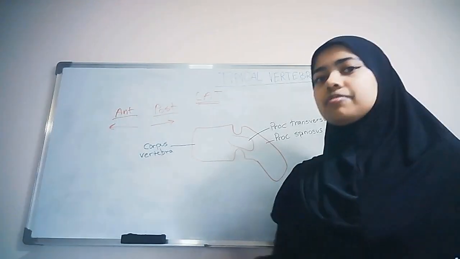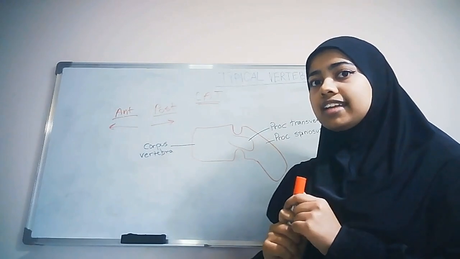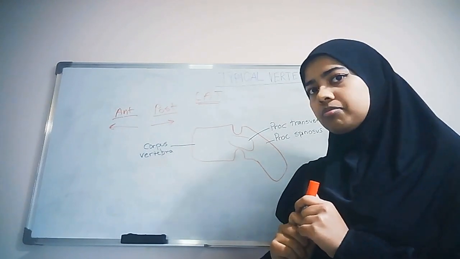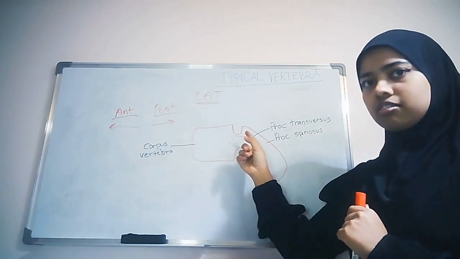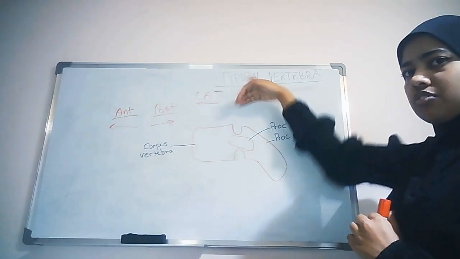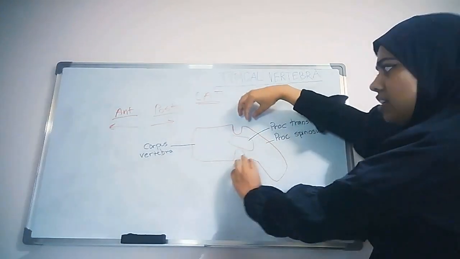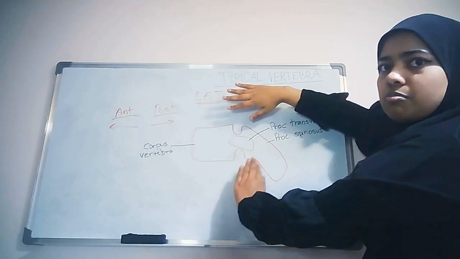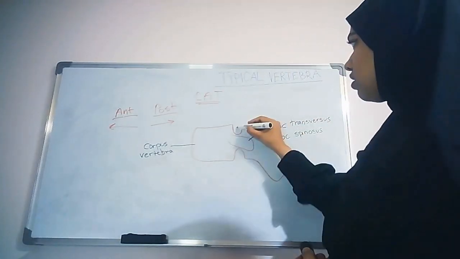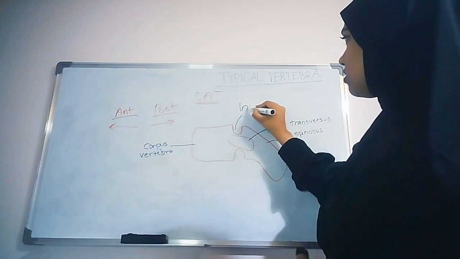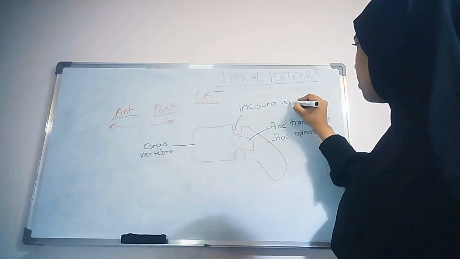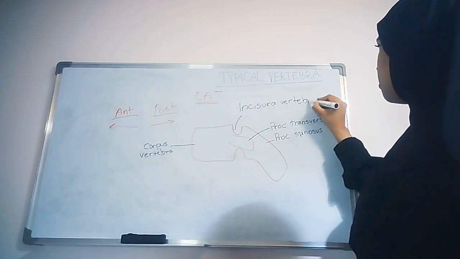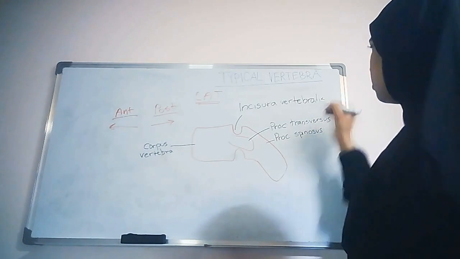These notches also have their own names. A notch in Latin is called incisura. This notch is an incisura that is superior to this one. Superior, inferior, because this is above, this is below. And they are called incisura vertebralis.